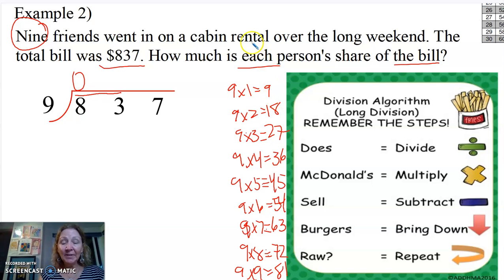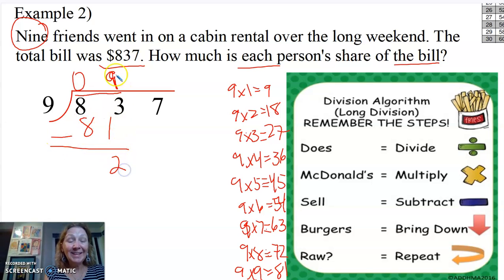All right, so I go down my list. I want to get as close to 83 as I can without going over, which is right here. 9 times 9 is 81. 9 goes into 83 9 times. That's the division part. 9 times 9 is 81. That's the multiplication. Now I subtract. I have 2 in the tens column. I have 2 10s left over. And then I bring down the ones.